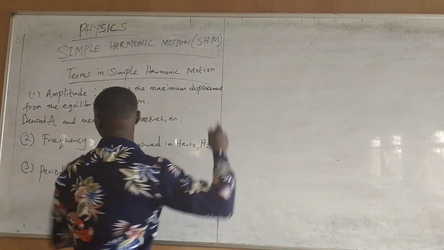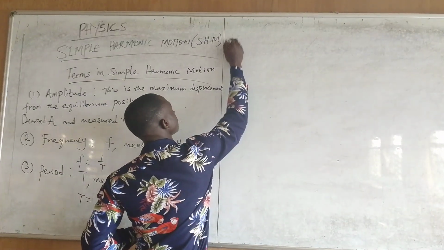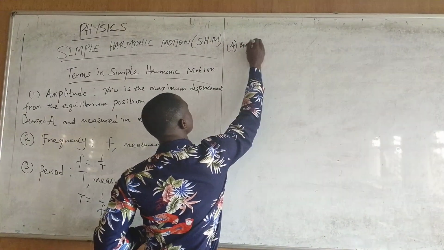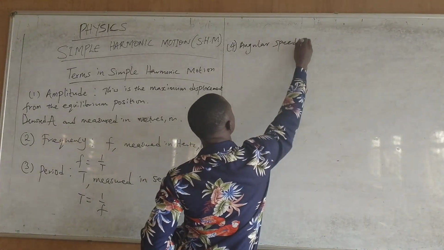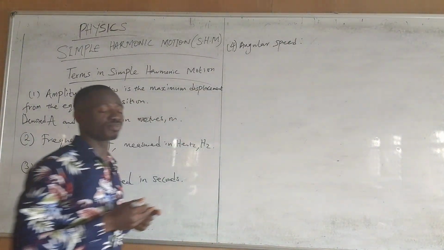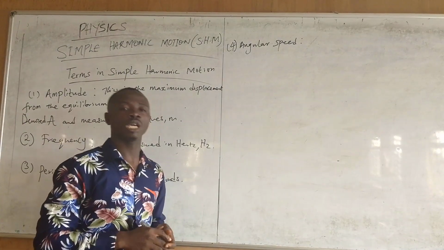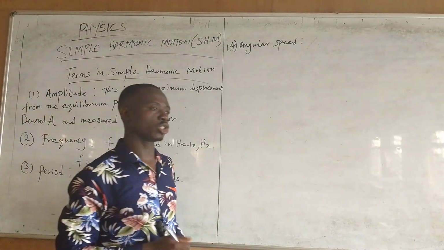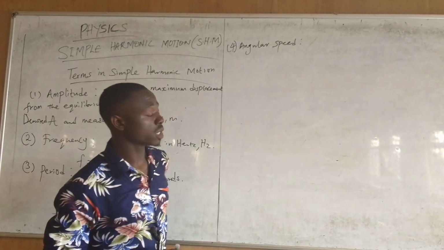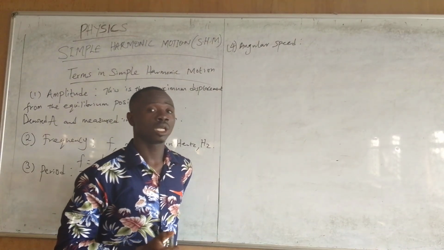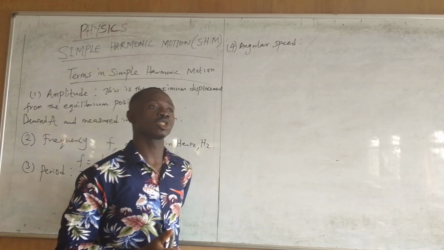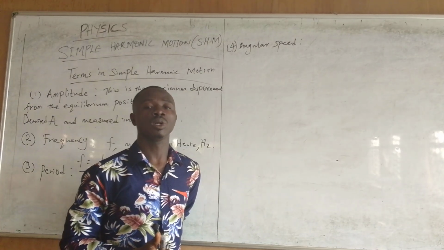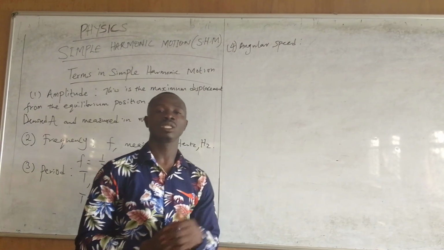Then another very important term, which is number 4, is what I call the angular speed. Although angular speed and angular velocity here are being used interchangeably. What is angular speed? That is the angular distance turned through over the time taken.